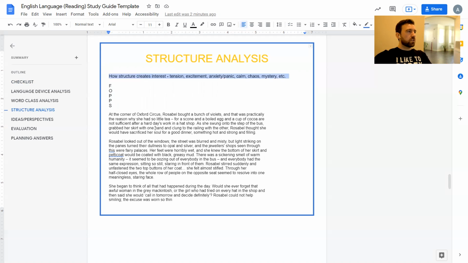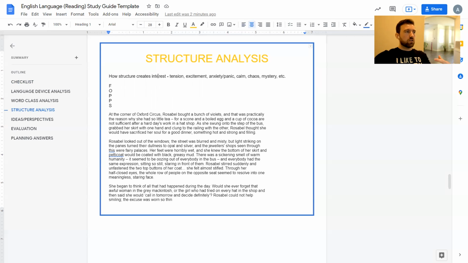But let's start by thinking about the main thing that structure does. Obviously, structure holds the pieces together, whatever you're reading. But it's also a very good way for the writer to create certain effects.